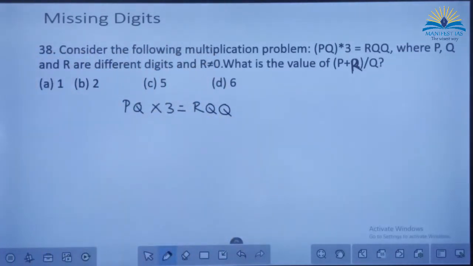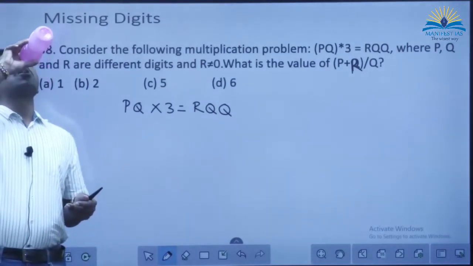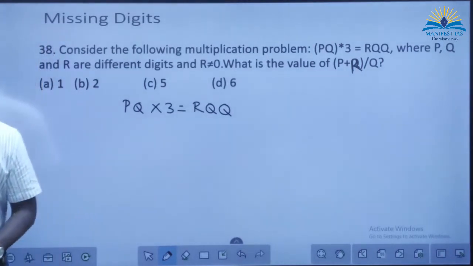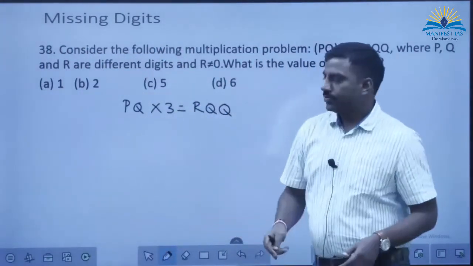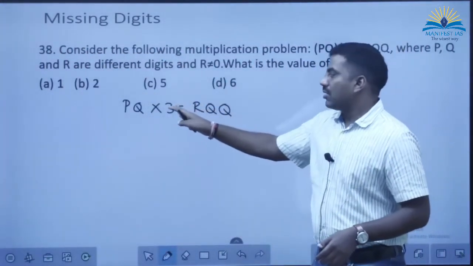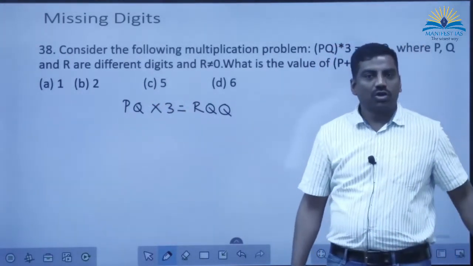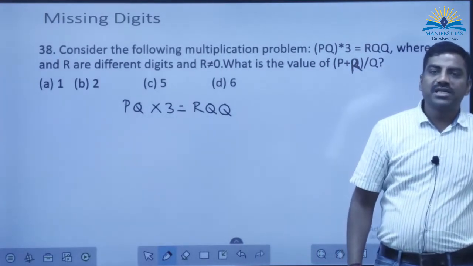You are multiplying a number with 3 and you are getting the same number repeated in the answer. What all are the options that we have?